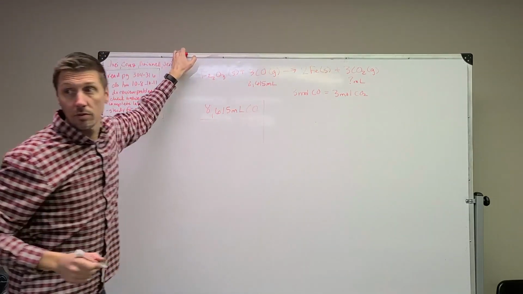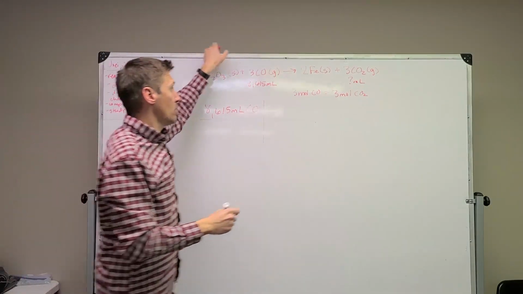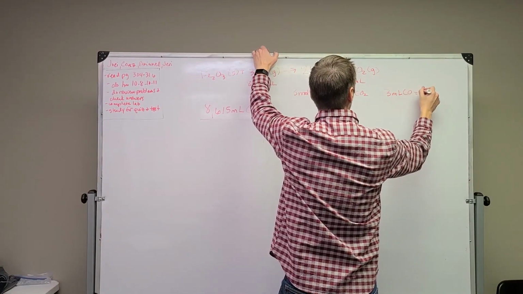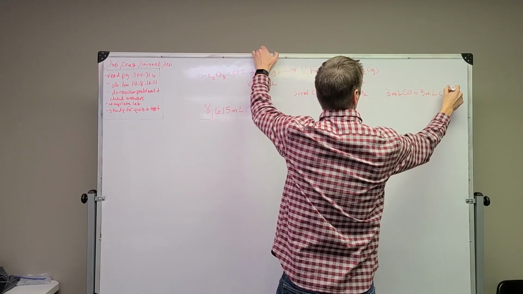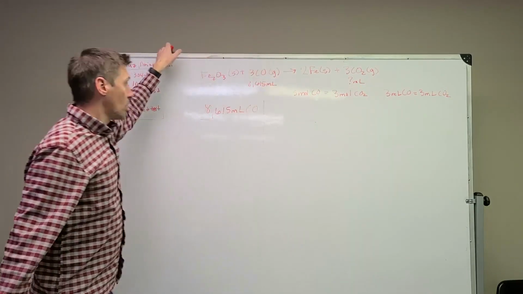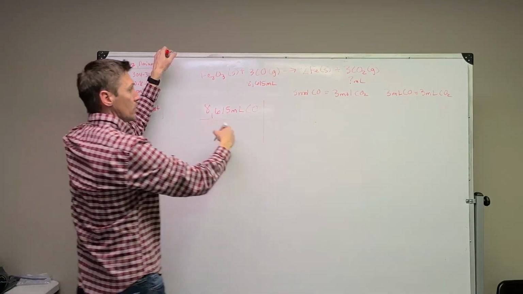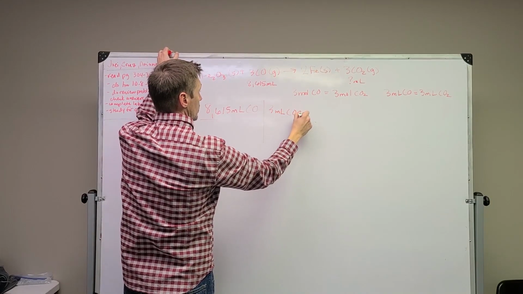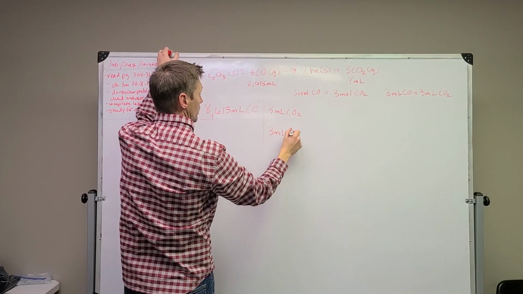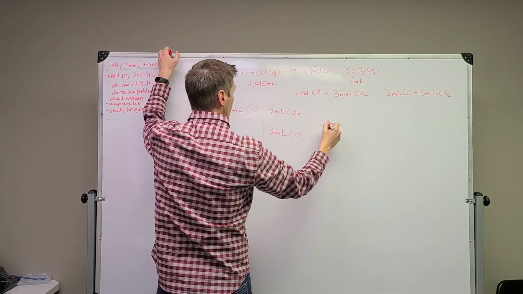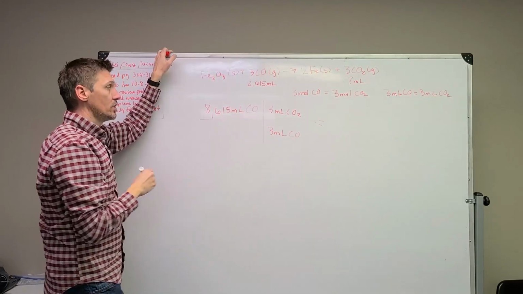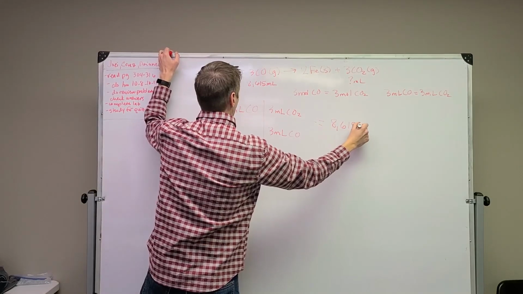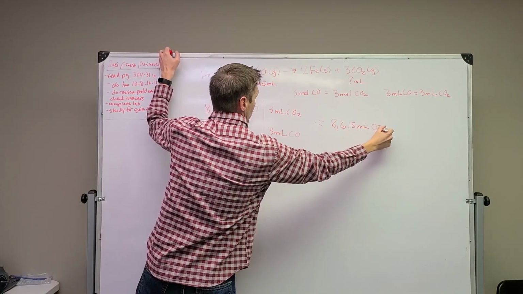But what we just learned also tells us that 3 milliliters of CO equals 3 milliliters of CO2, which is what we're going to use in this conversion. So if we have this many milliliters of CO, we also have the same number of milliliters of CO2.